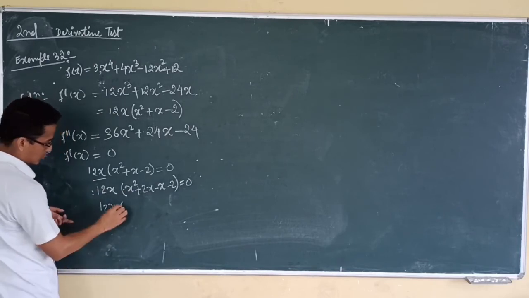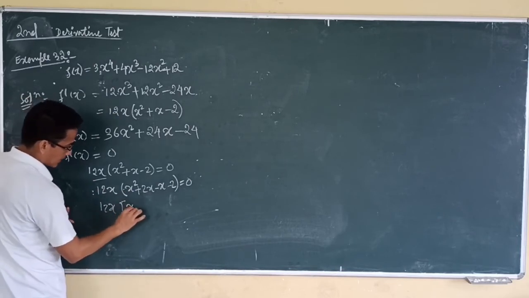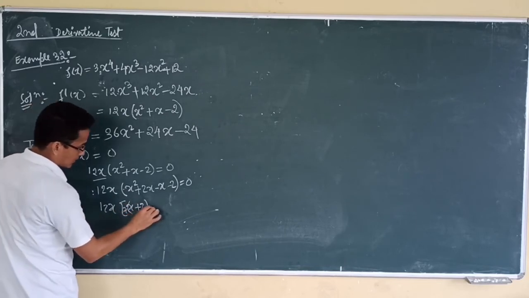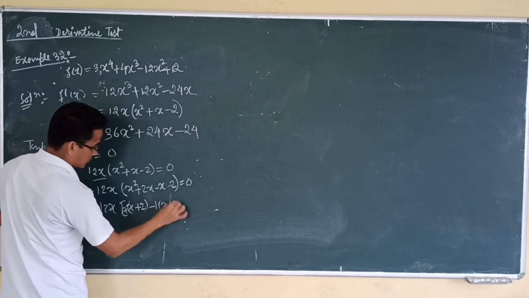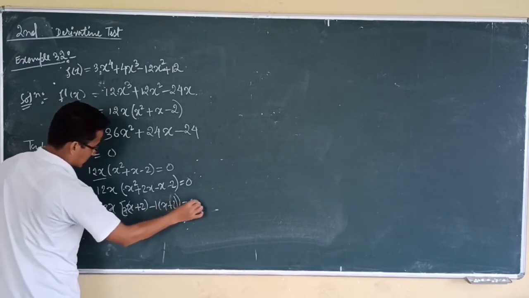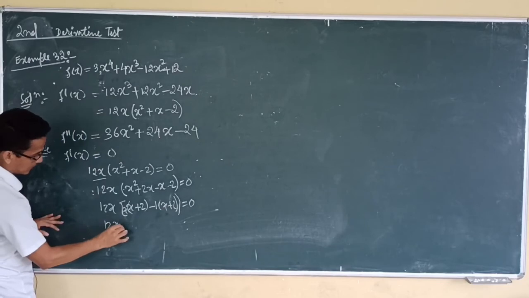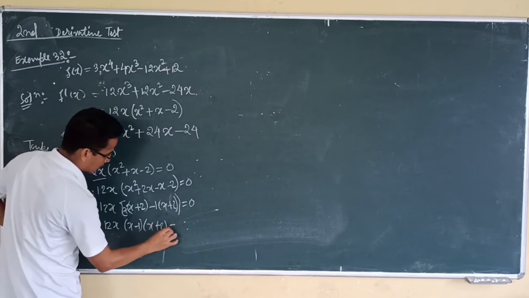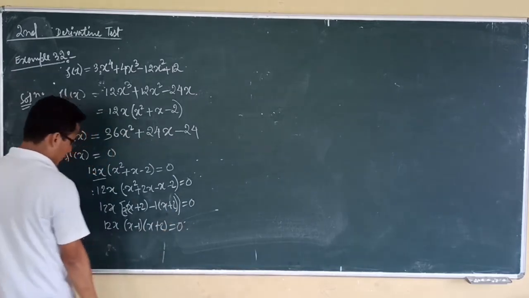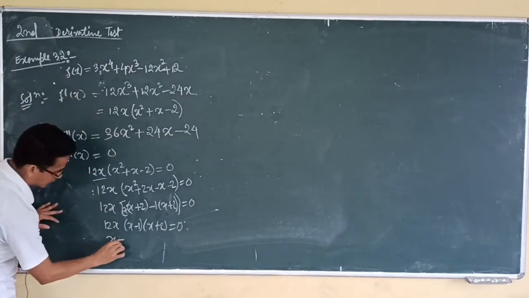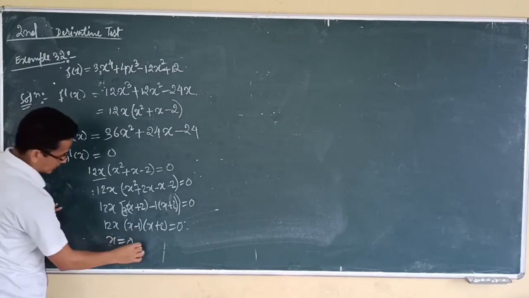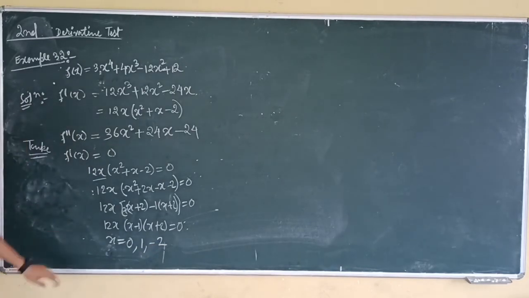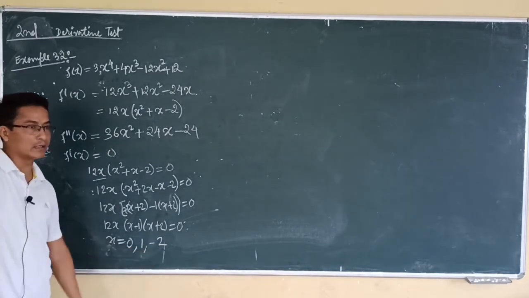If you take x common, this is x plus 2, and then minus 1 times x plus 2, which is equal to 0. That means 12x times x minus 1 times x plus 2 equals 0. So we get x equal to 0, 1 and minus 2. These are the critical points.